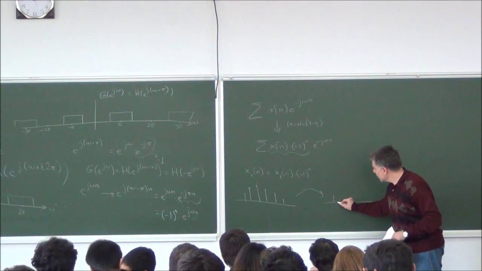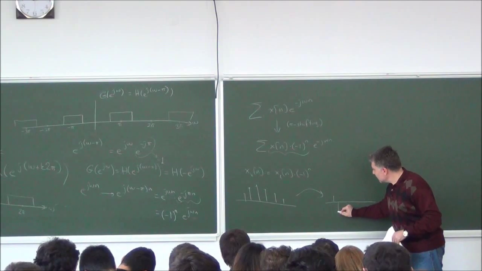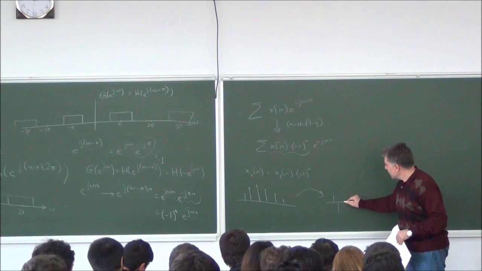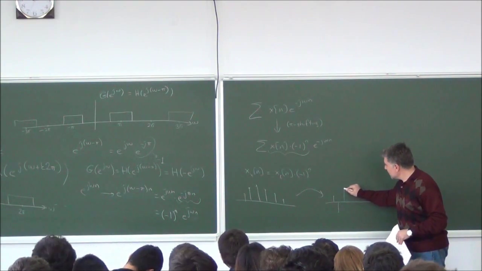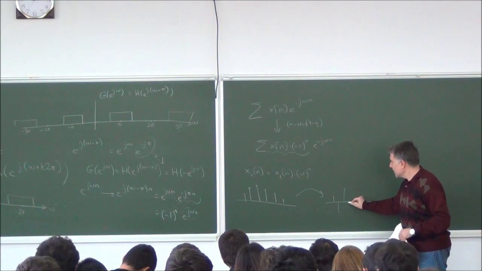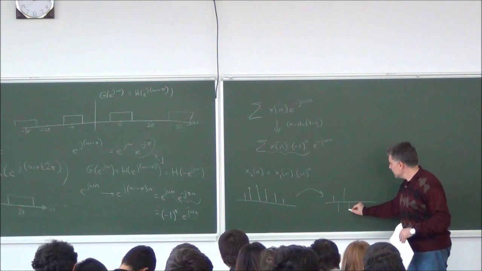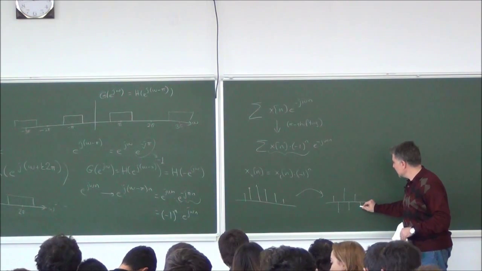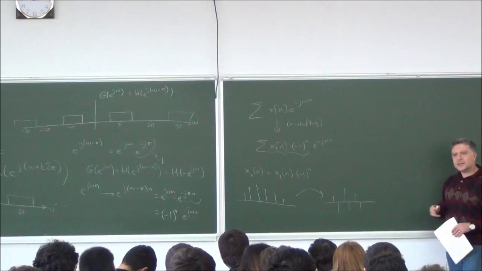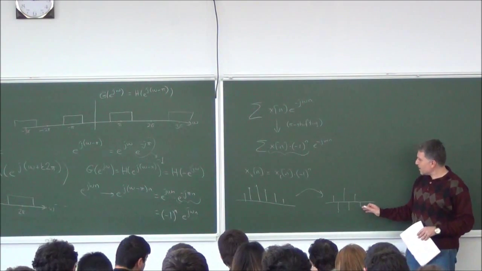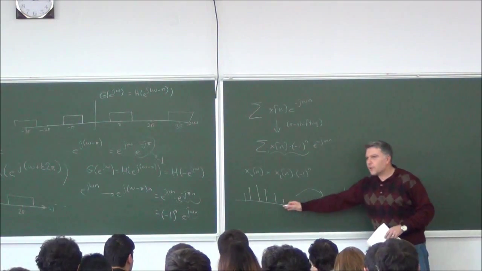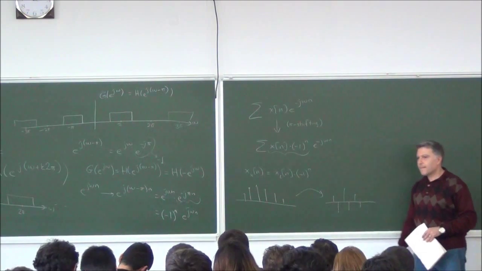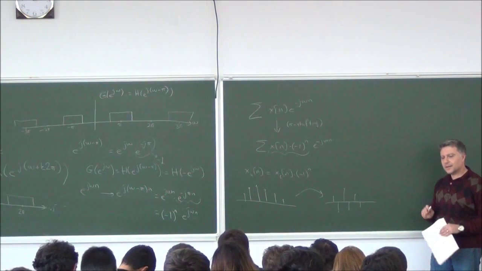You keep one sample, you make negative of the second sample, then you make positive of the third sample, again you make negative, again positive, again negative. So this is the process to come up with a high pass signal from a low pass signal by alternating their signs.